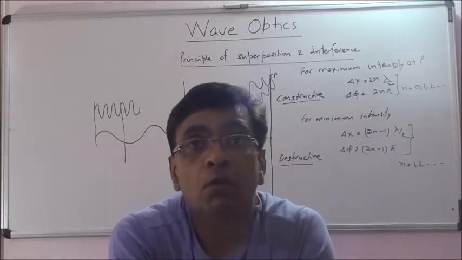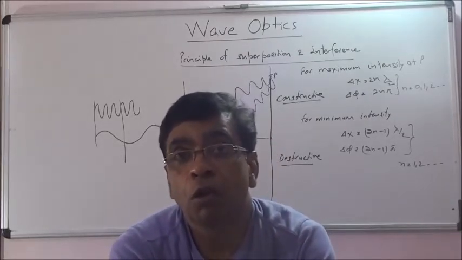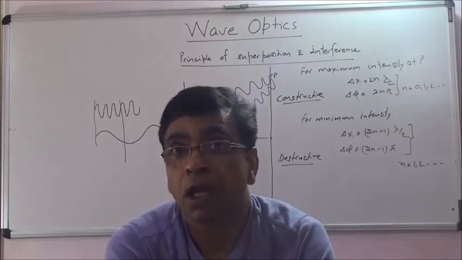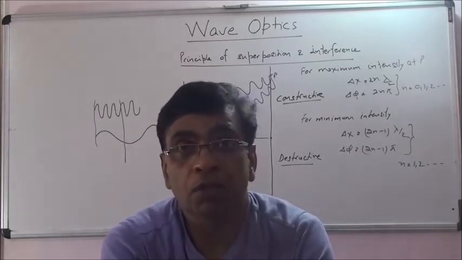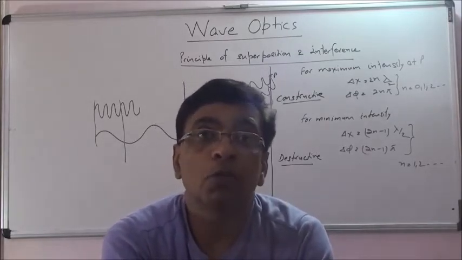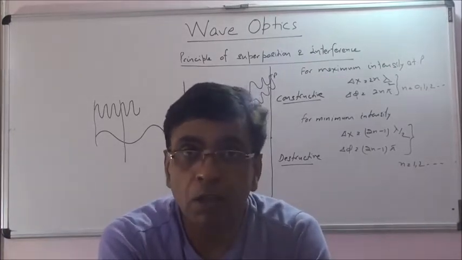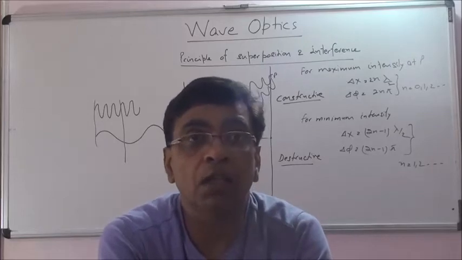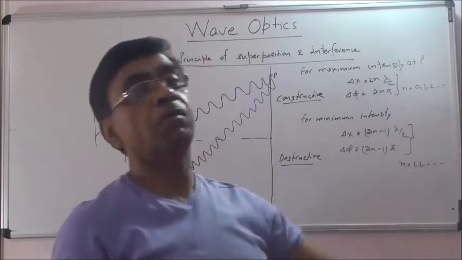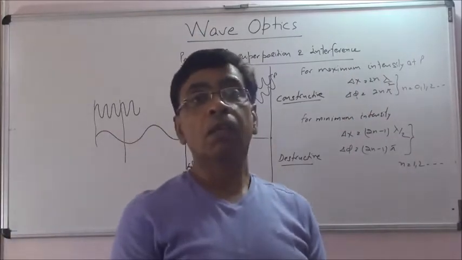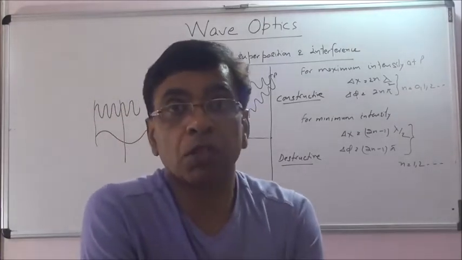Such waves are called coherent waves, and these sources of light are called coherent sources of light. So we need two coherent sources of light to get interference. In the medium, at some points we will have maximum, at some points we will have minimum. We need two coherent sources.